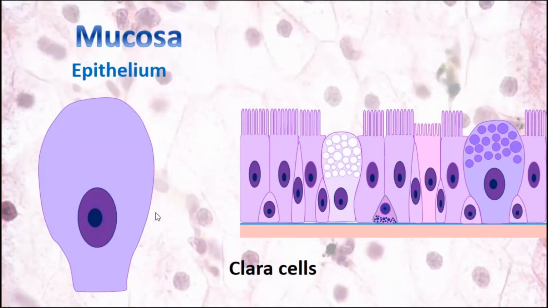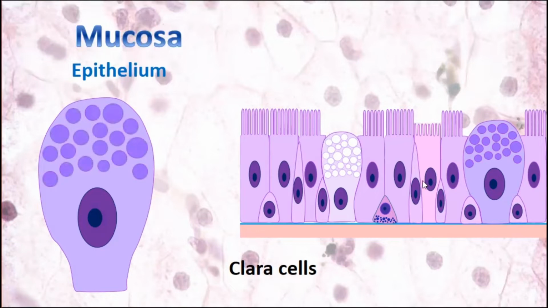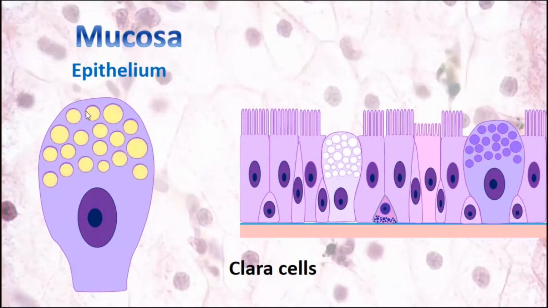They also are secretory cells, as well as goblet cells, but they produce surfactant, a special substance which reduces surface tension in the lower respiratory tract, and we'll talk about Clara cell functions. They are located in the bronchioles and near the respiratory portion.